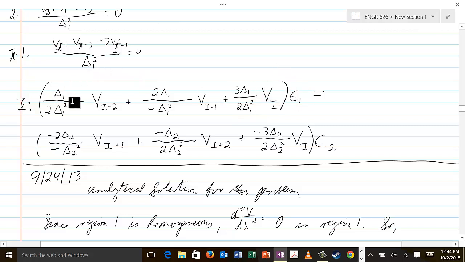This is our one-sided derivative formula for dv/dx just to the left of L1, and that's equal to this, where this is our derivative formula just to the right of L1. Of course that one gets multiplied by epsilon 2. You should definitely take a careful look at these formulas and make sure you understand where we're getting them and exactly why you have negative signs where you do.